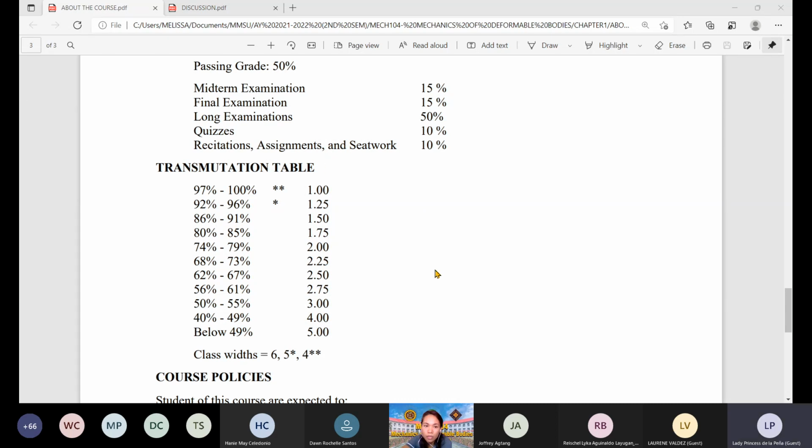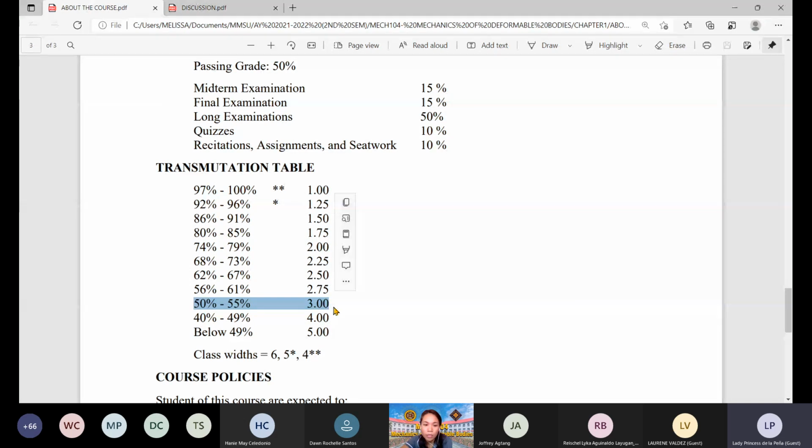And then this is our transmutation table, for those who are planning to get a 1.0. You must have an average of 97 to 100%, 1.25 for 92 to 96, and so on. Our passing grade is 50%, equivalent to 3.0.